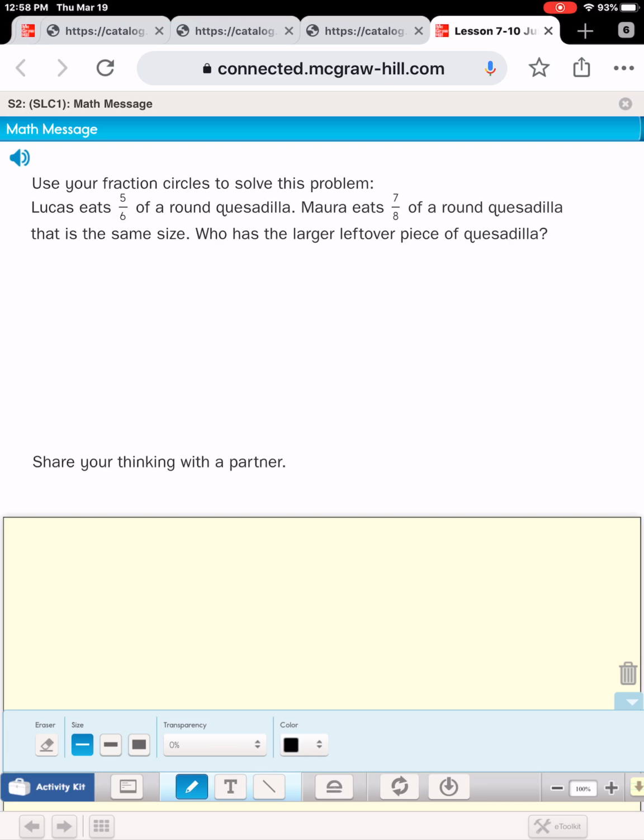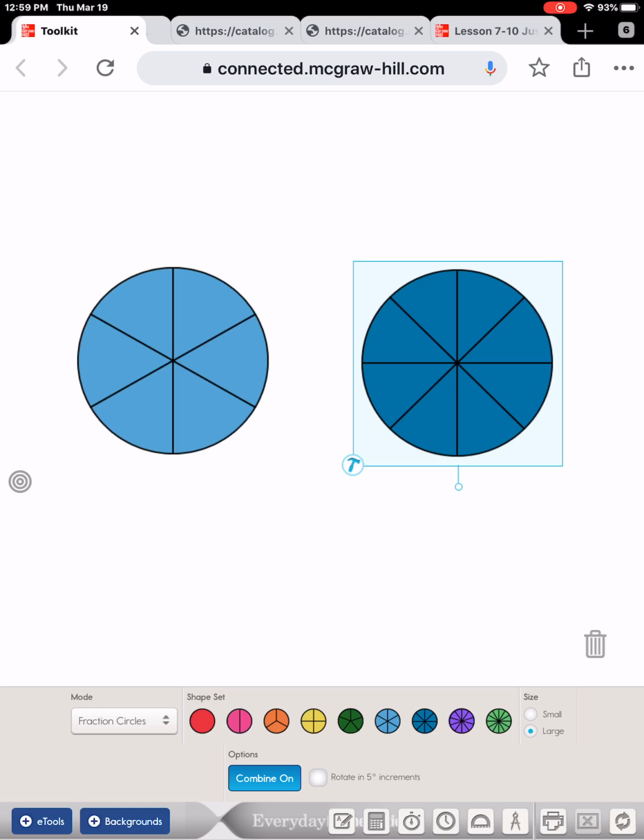So I'm going to read it again, and I want you to pay attention to the word leftover piece. Lucas eats 5/6 of a round quesadilla, and Mara eats 7/8 of the same size round quesadilla. Who has the larger leftover piece of quesadilla? Let's look at what that would look like with our fraction circles.